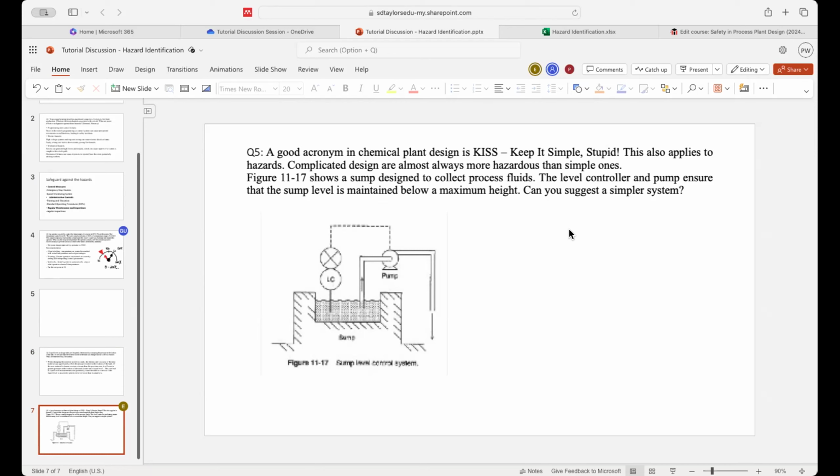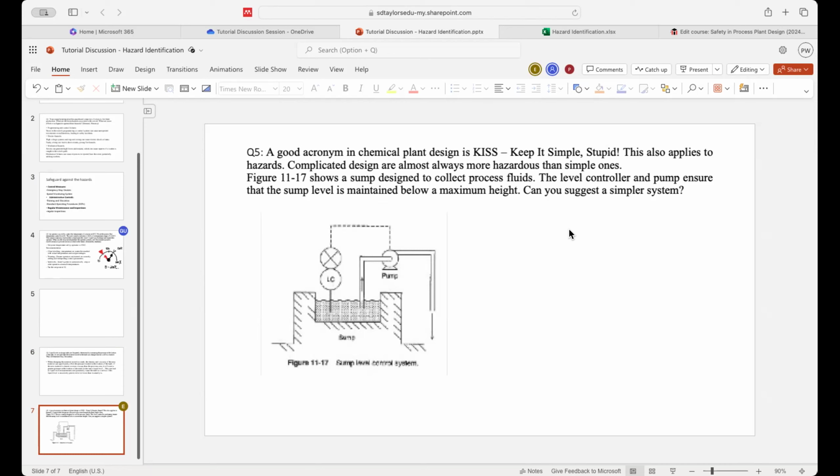So in this figure, you can see that to maintain the level at the maximum height, they use a pump and a level control system, which tells the pump, okay, now it goes beyond it, so let's pump out some chemical. This is actually quite a complicated system.